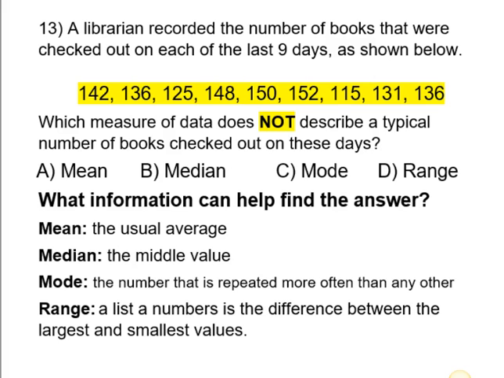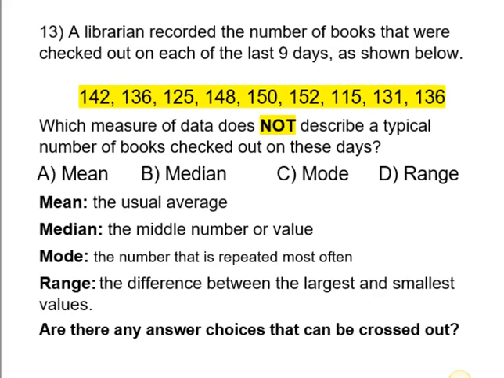Well, understanding what the mean, median, mode, and range are would be very helpful. So the mean means the usual average; median, the middle value; mode, the number that is repeated more often than any other number; and range is the difference between the largest and smallest values.